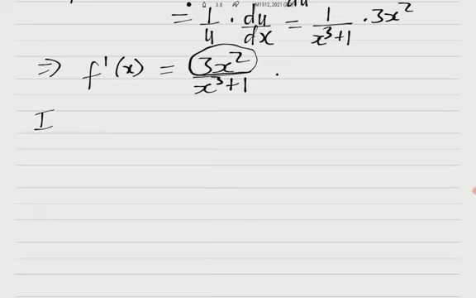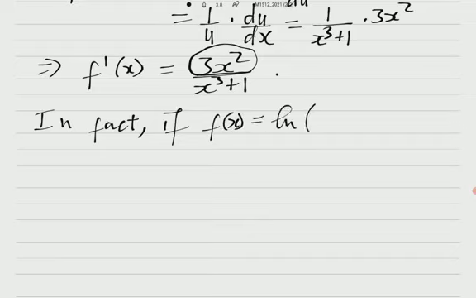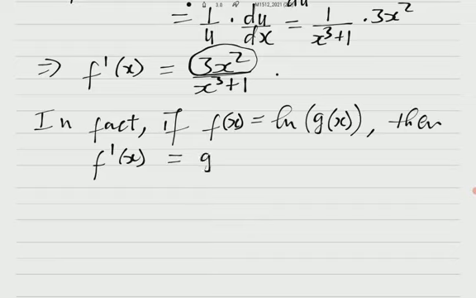In fact, in a more general sense, if you are given f of x, let's say in the form of ln of g of x, then the derivative of f will be nothing but the derivative of g on the numerator divided by g of x.